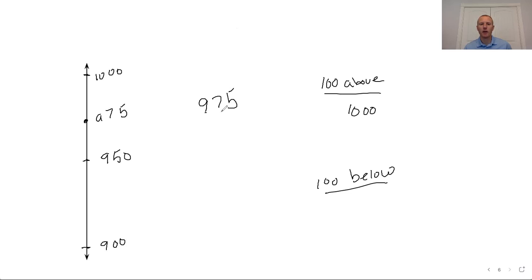All right, so 975, I look at this tens place. If it's 5, 6, 7, 8, or 9, I round it up, and it is. So 975 is about 1,000. That's the only time you're not going to end up with a 3-digit answer. We end up with a 4-digit answer instead. Anytime you have something that is 950 to 999, you're going to round up to 1,000.